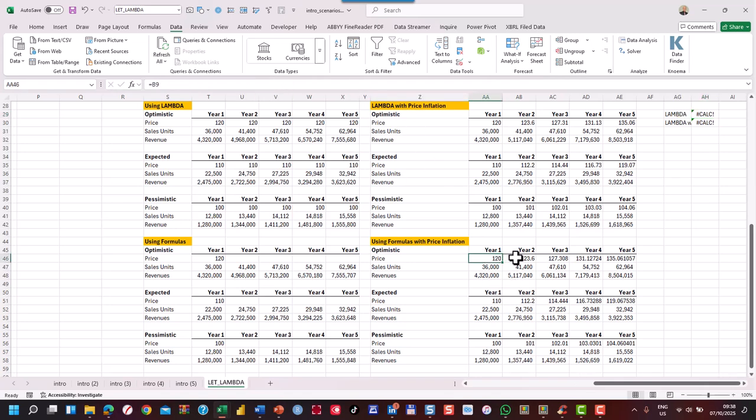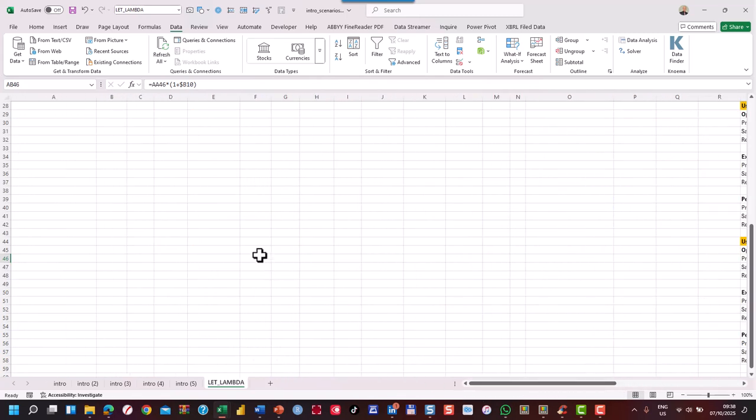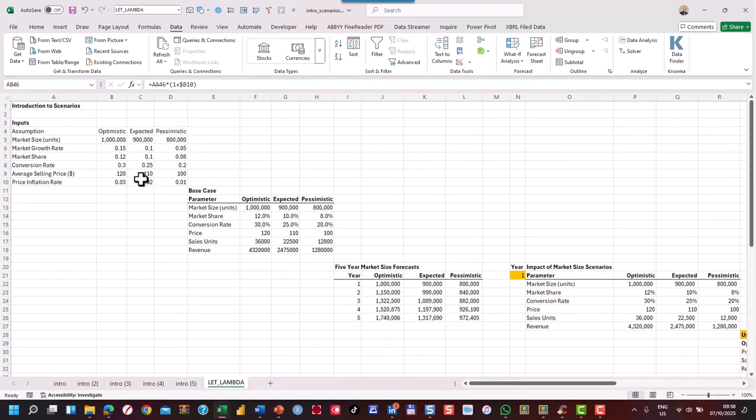Ordinary equals B9, and now I'm using AA46, this one, to multiply by 1 plus B10, and in B10, what do we find? The price inflation percentage rate, 3, 2, 1.